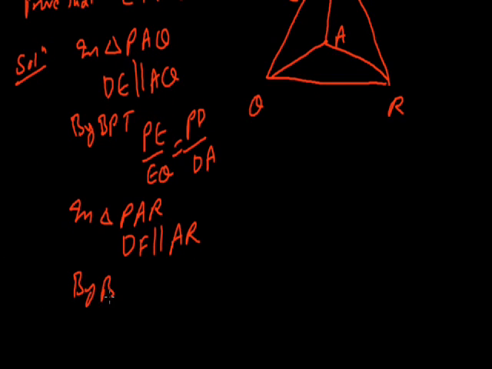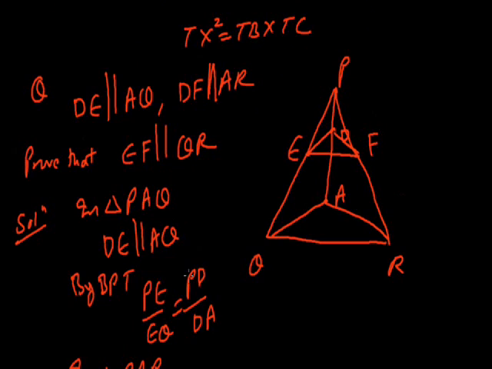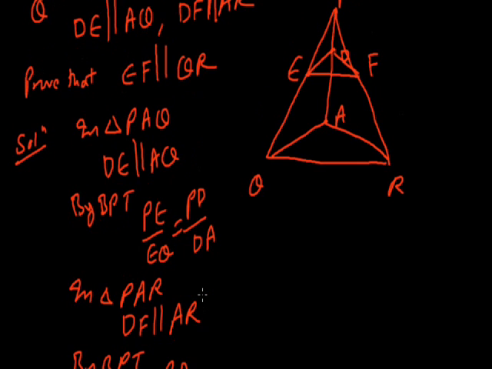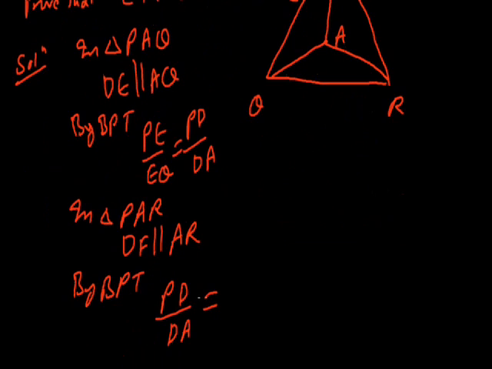By BPT, we can say that PD upon DA is equal to PF upon FR. Let's say this equation is 1.